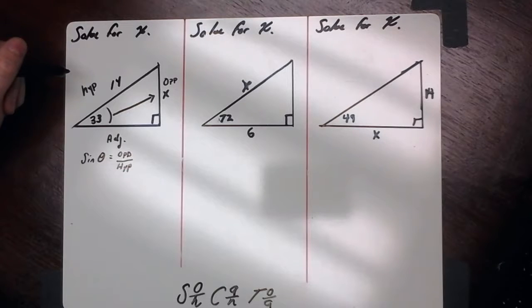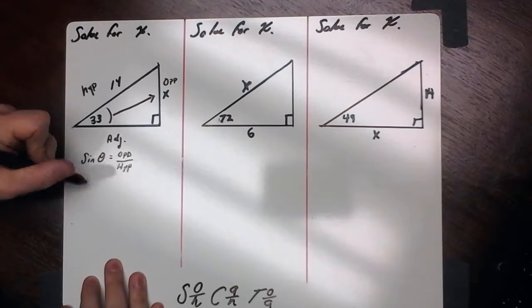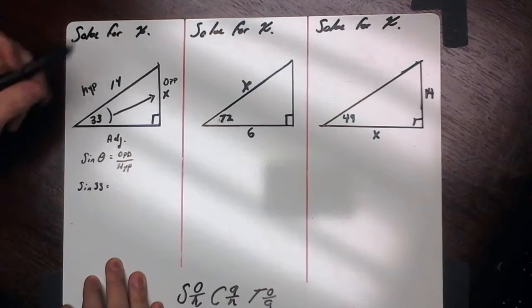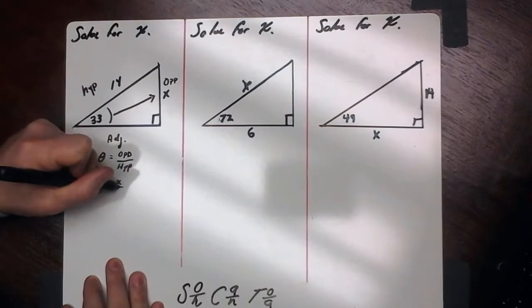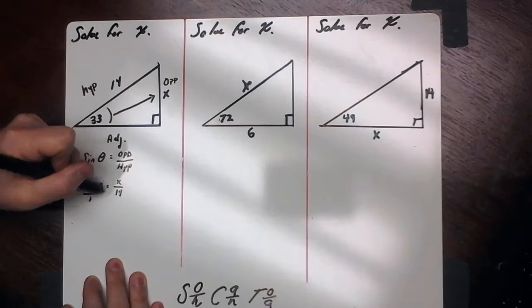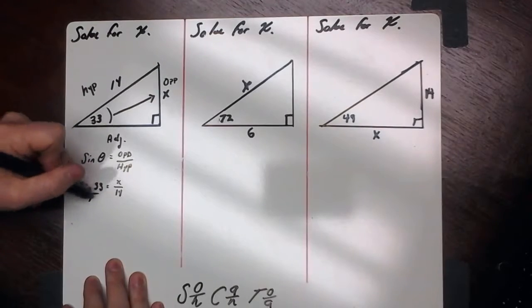Okay, so now what I'm going to do is plug in the information I have. So the angle is for theta, so I have sine 33 equals x over 14. Then I'm going to cross multiply and solve. So I put a 1 underneath sine 33. Now understand, sine 33 is a number.